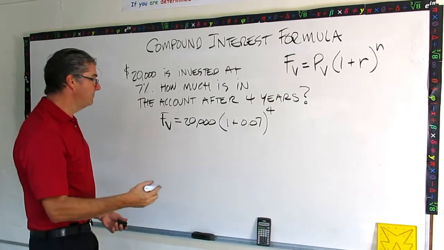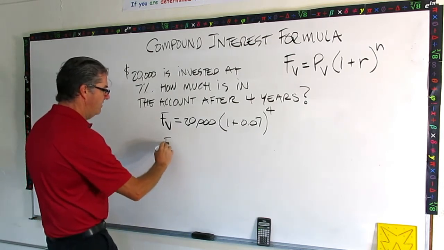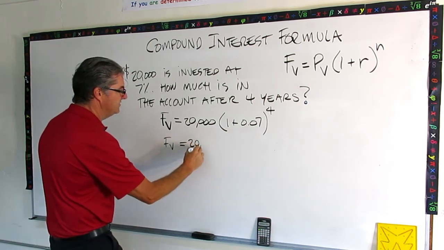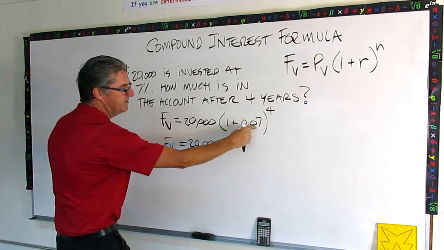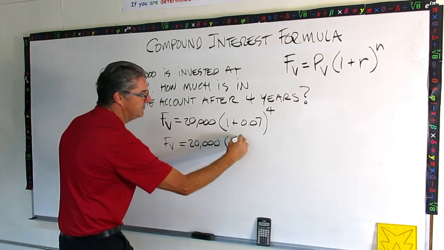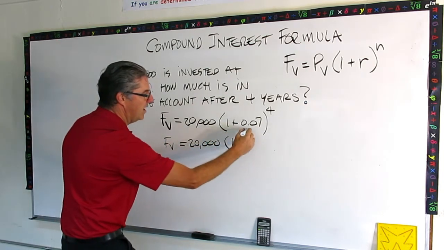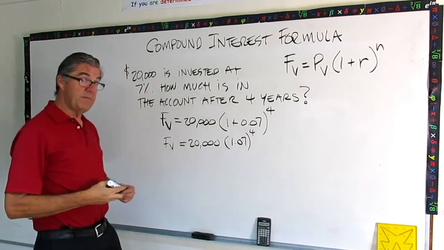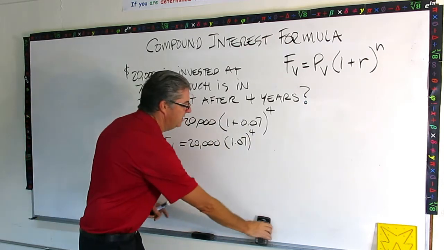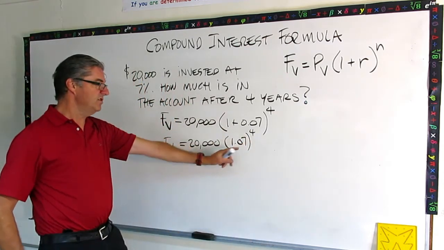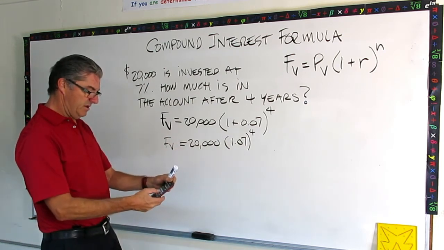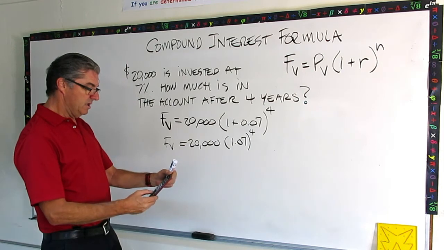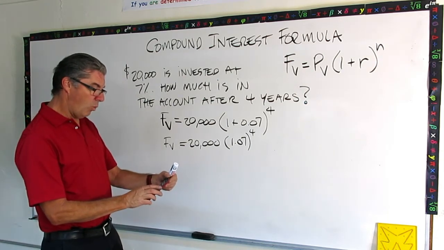Now we just have to simplify. So FV is going to be 2,000 times, now 1 plus 0.07 is just 1.07 to the 4. Now you have to remember your order of operations here. I have to do my exponent first. So let's do that. 1.07 to the 4th power gives me 1.31.